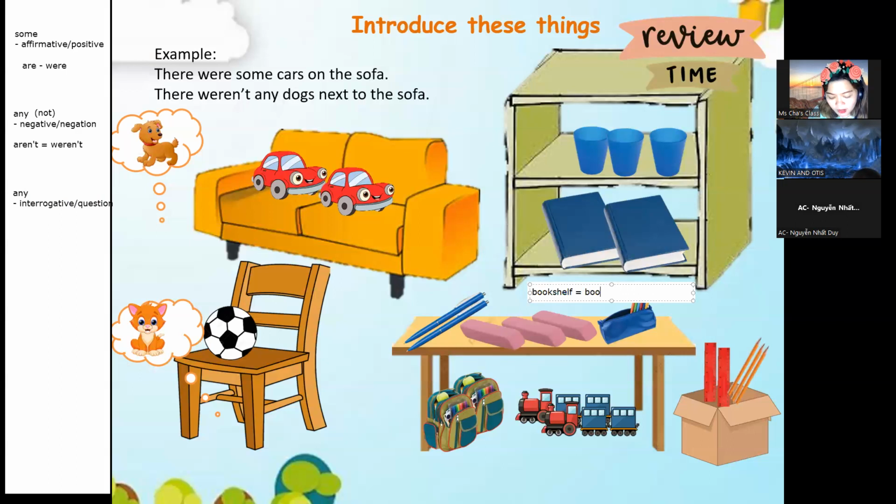Bookshelf, or some others call that bookcase, but on your bookshelf. All right. How about in this one? How about what we had on the table? What are the things on the table? How can you make a sentence for this? Is it there was a or there were some?